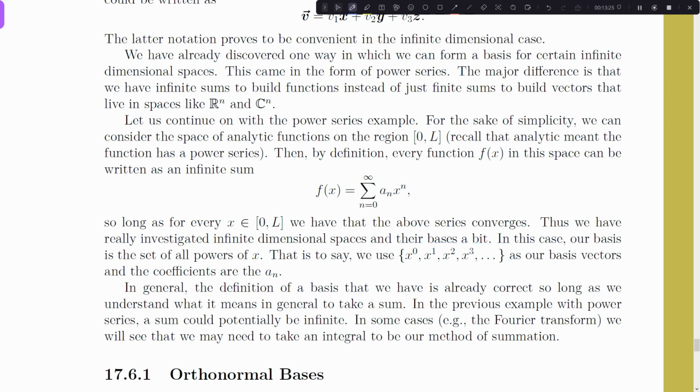This basis does not have the property of being orthonormal because we don't actually have an inner product on this space.